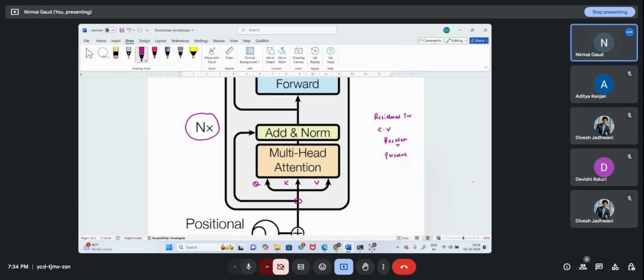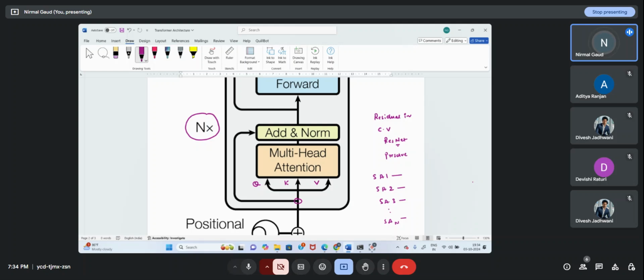Whatever you are going to get from this multi head, self attention 1 will give some output, self attention 2 will give some output, self attention 3 will give some output, self attention n will give some output.